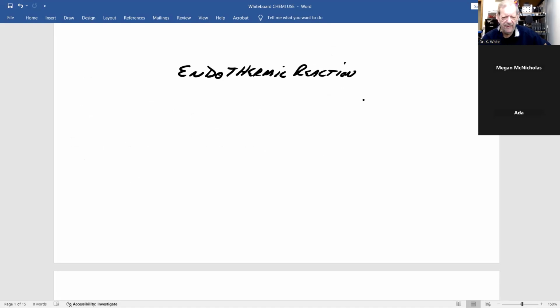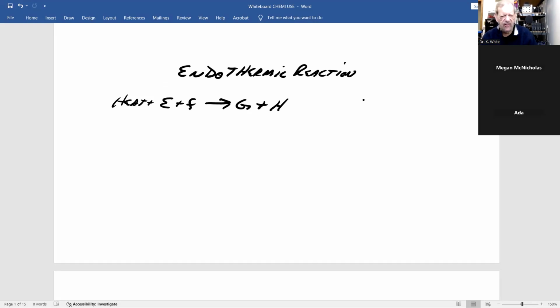And here, let's look at the reaction where you take heat plus E and F and you make G and H. This is an endothermic.